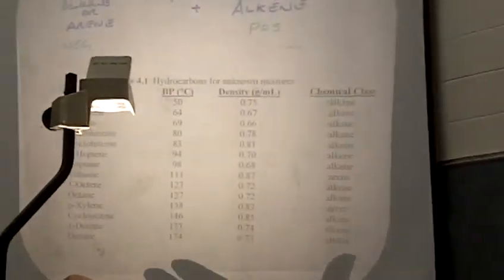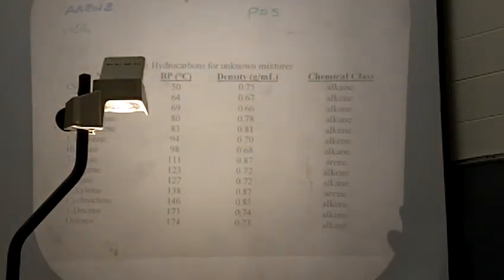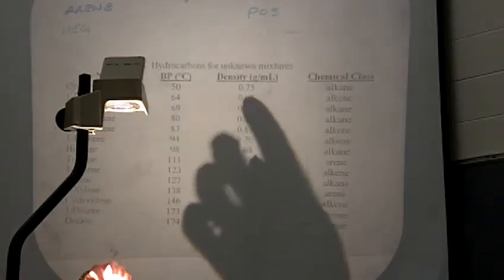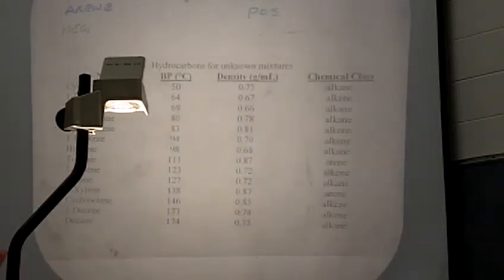So this table 4.1 is in your lab manual. You've got all the possibilities of what can be in there, all right? And so you've got the boiling point, density, chemical class. This is mainly what you are going to need. So based on boiling point and what happens with the chemical test results, that is how you will identify what your unknown is, okay?